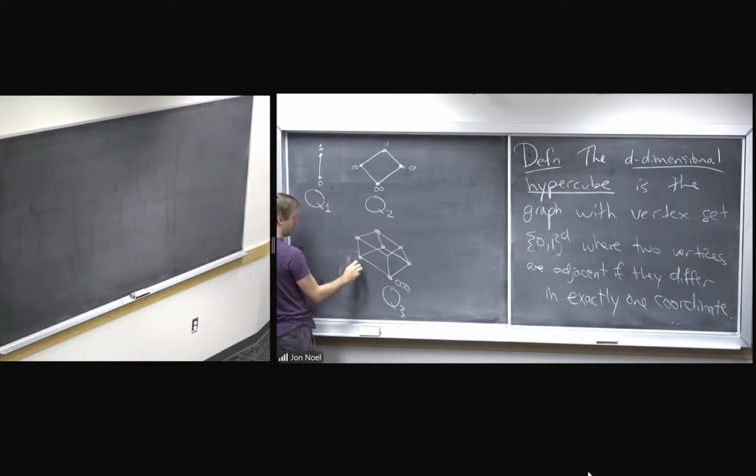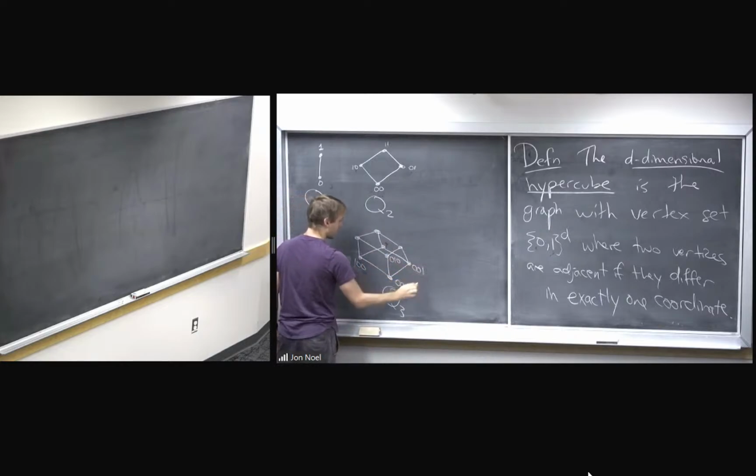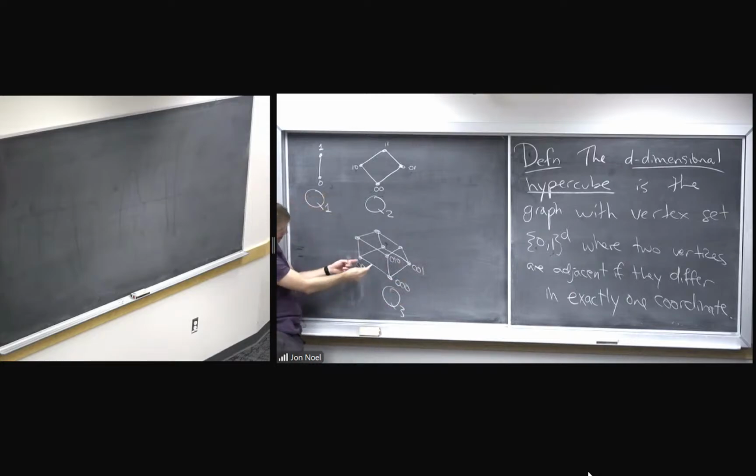We've got 1 0 0, 0 1 0, 0 0 1. This will be 1 1 0, 1 0 1, 0 1 1, and then 1 1 1. Okay, so this is the three-dimensional cube.